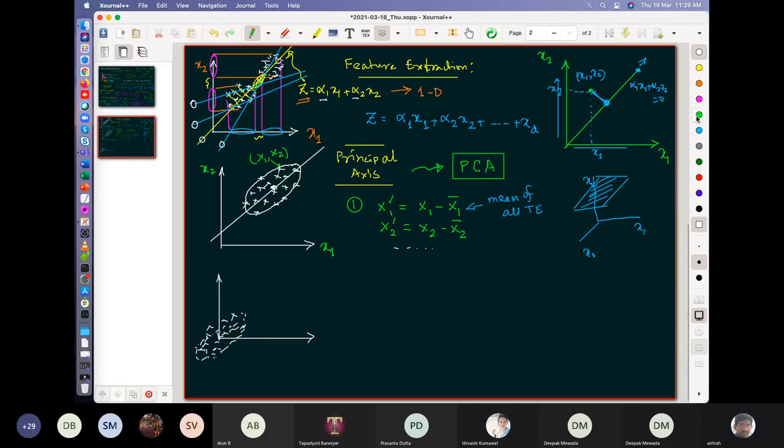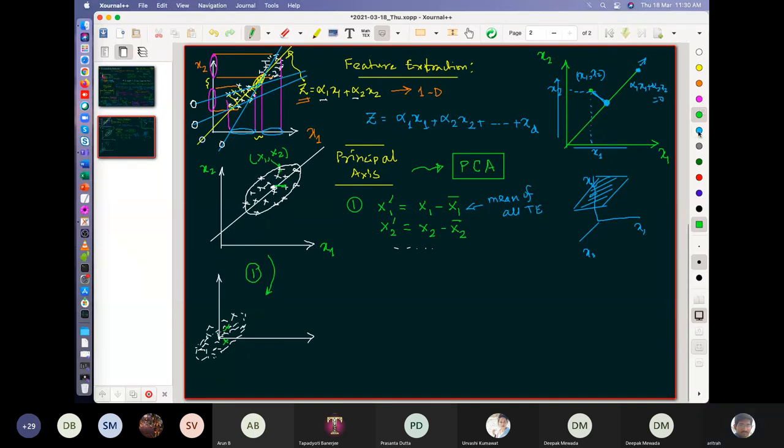Agreed? Yes, sir. So you were taking the mean corresponding to one dimension, like x1? Yes. So if the mean is subtracted, this point will be somewhere here, and that point somewhere here. So I just align them around my center.